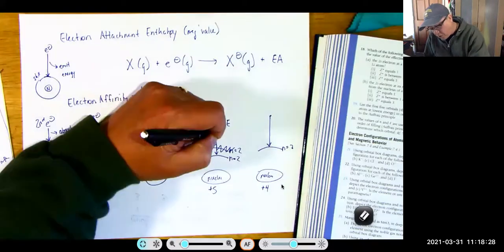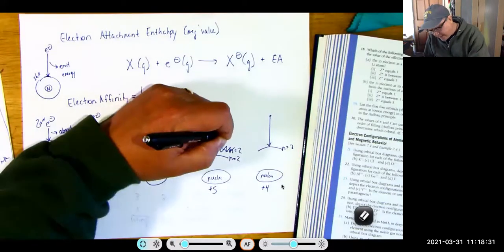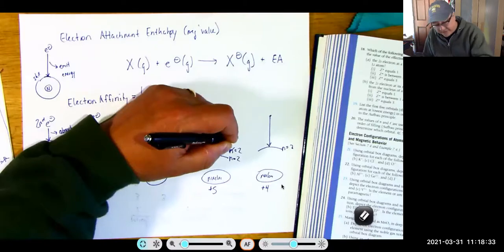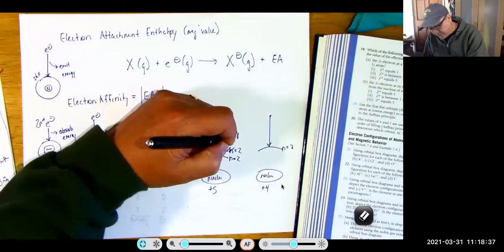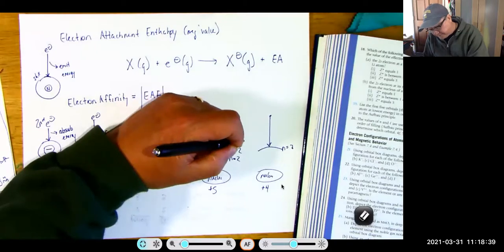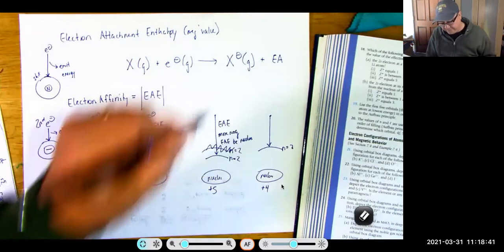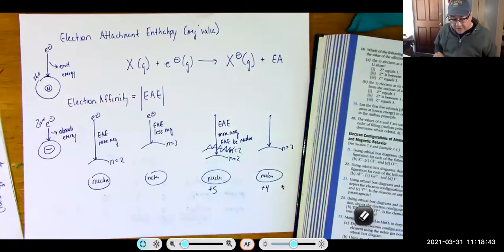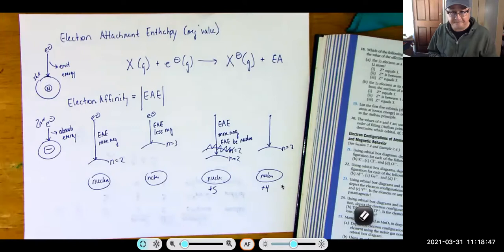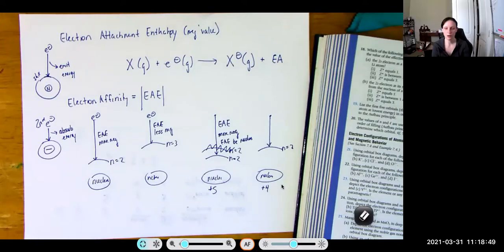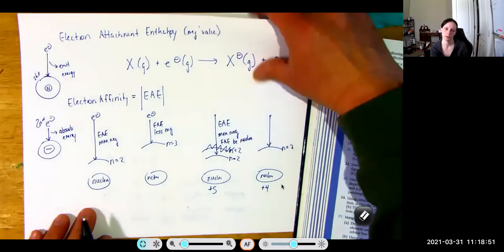So more negative electron attachment enthalpy because of the nucleus, right? That's how we're going to approach these problems: shell number and nucleus size.